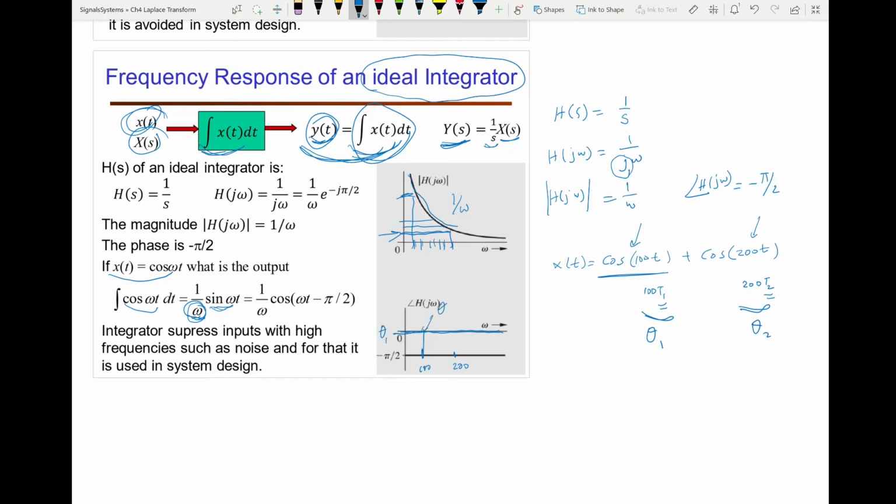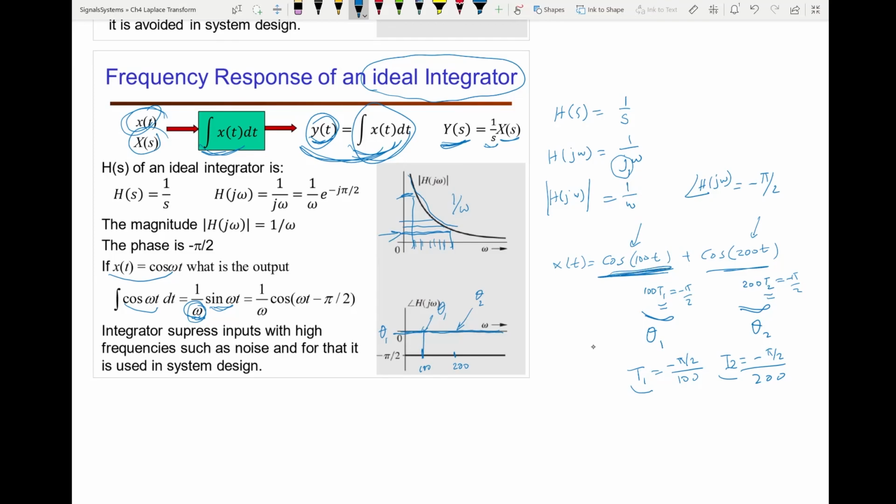For theta 1 here, it's the same, minus pi over 2. For this one, it's minus pi over 2. So then the time delay here, it will be minus pi over 2 divided by 100. Here it will be minus pi over 2 divided by 200. So see, the times in second are different for both these components.